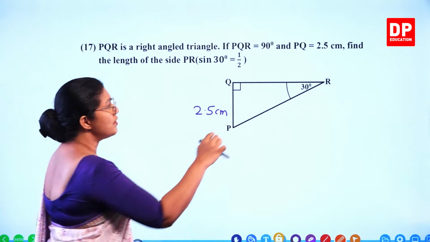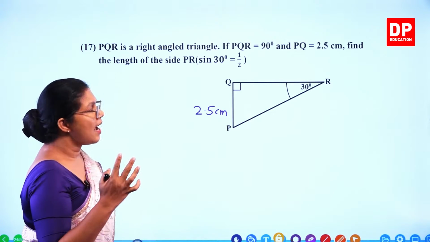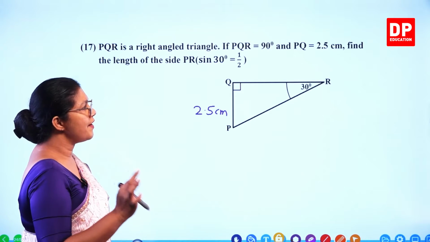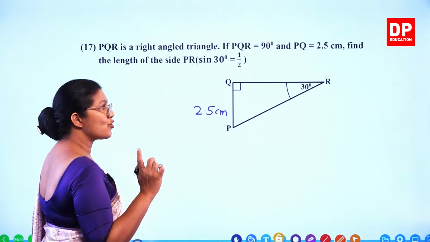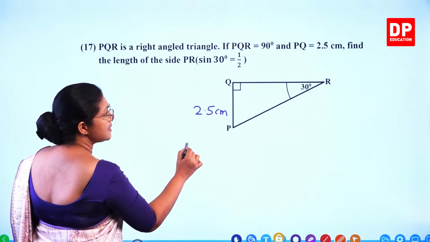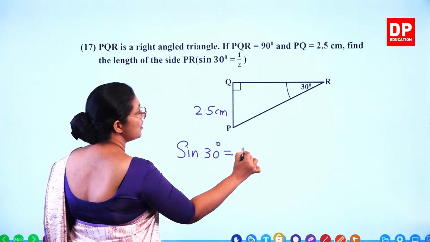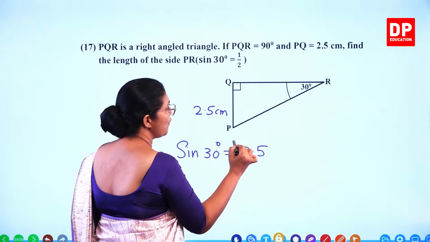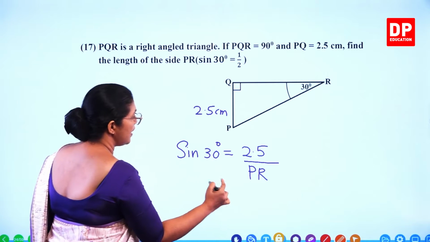So, here to this angle, this side is opposite and PR is the hypotenuse. What's the suitable ratio? Opposite and hypotenuse according to SOHCAHTOA, that's sine ratio. So, you can say sine 30 is equal to opposite 2.5 over hypotenuse PR. Then what is PR?